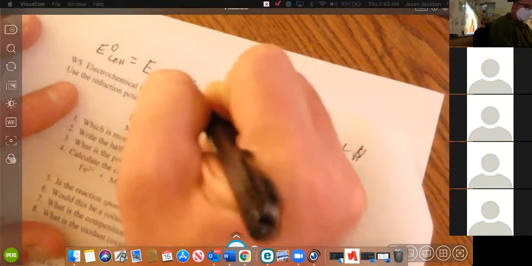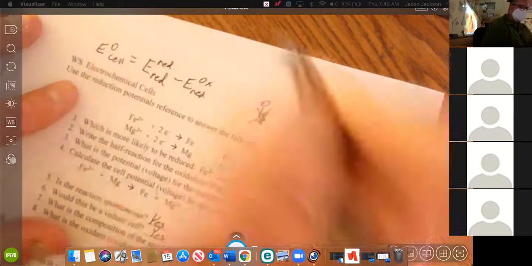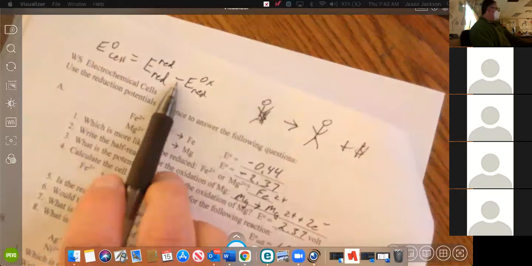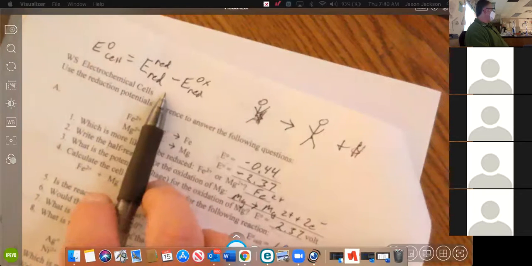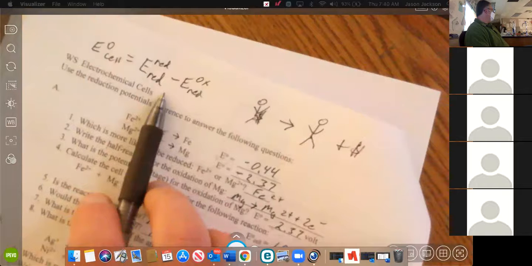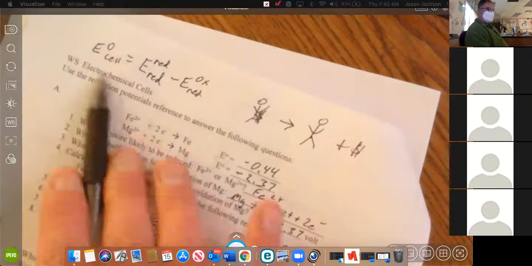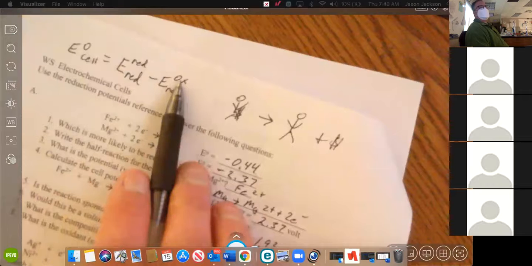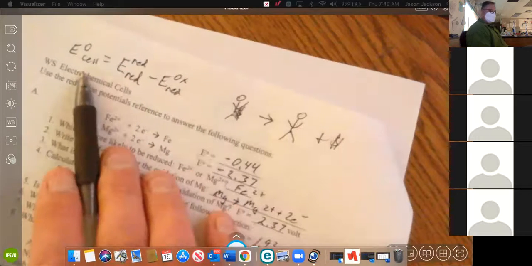So let's make both of these reduction potentials, but this one is of the oxidized and this one is of the reduced. Because when you subtract there, what does that do to the sign automatically? It flips it, right? So that is probably the most commonly used formula for calculating cell potential.